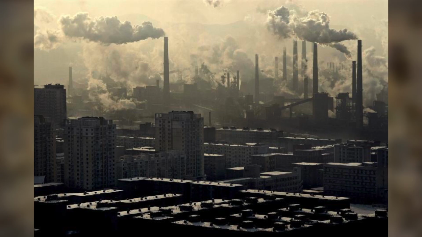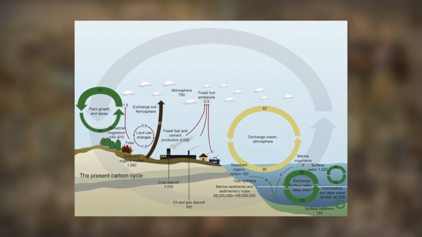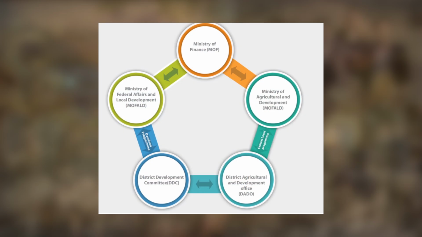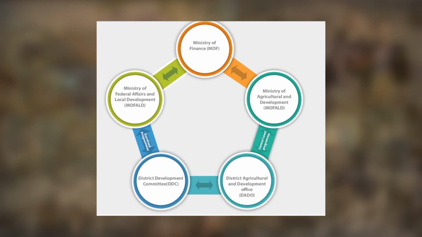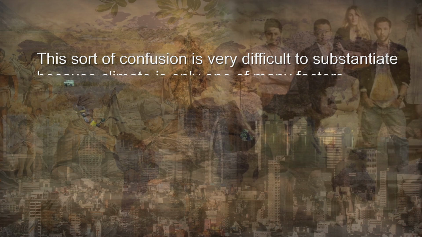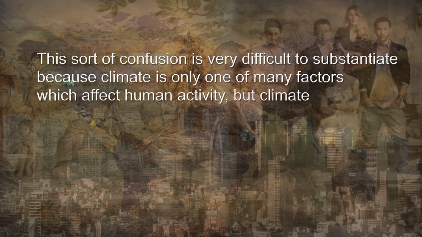Moreover, human activity may contribute to climate change by inadvertently affecting the global carbon cycle. The Earth's climatic system is extremely complex and the mechanisms of climatic processes are not yet completely understood. This sort of claim is very difficult to substantiate because climate is only one of many factors which affect human activity, but climate does affect behavior.